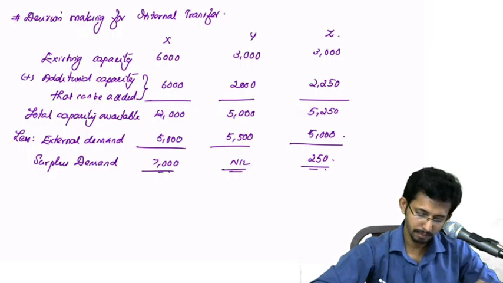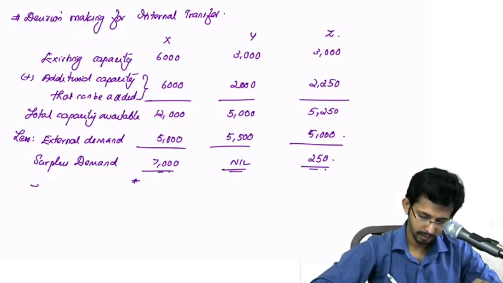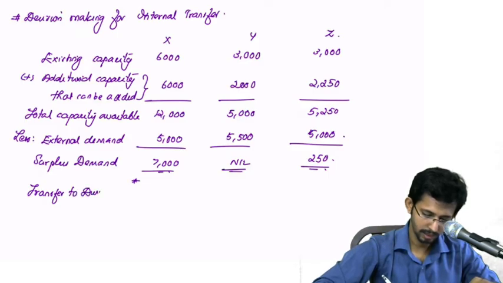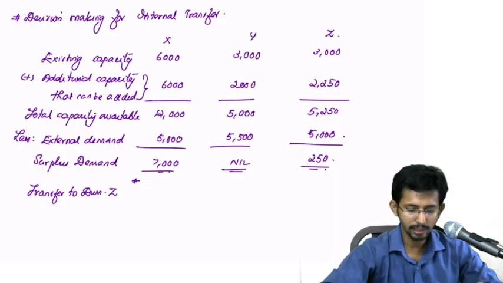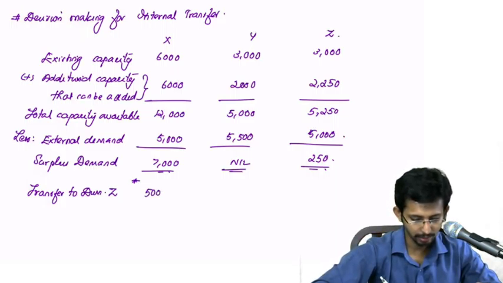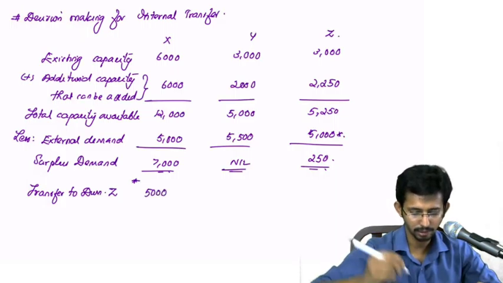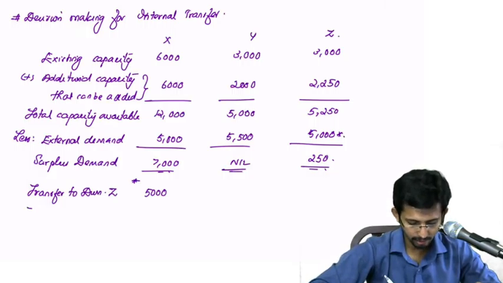Okay, surplus demand here, transfer to division Z should be given first. And division Z, how many units they require? 5000 units they require. So balance how much?